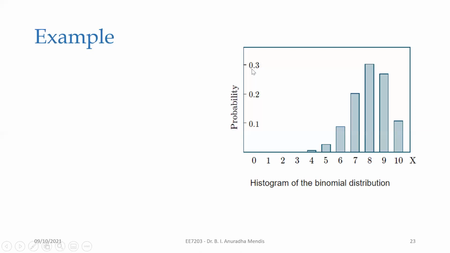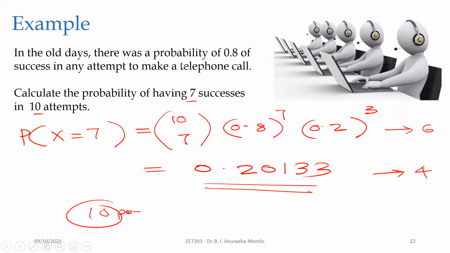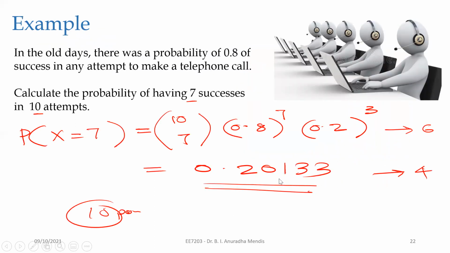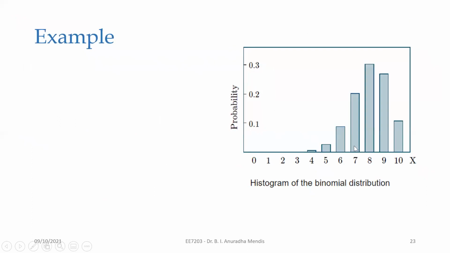Now, how to draw a histogram? For this particular example, there are 10 attempts, and this is the probability of having 7 successes, equal to 0.2. So these 7 successes have 0.2 probability.